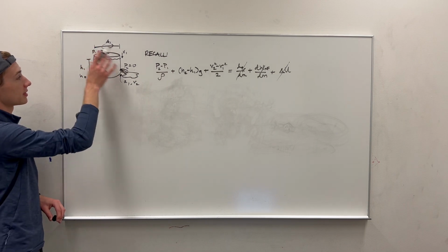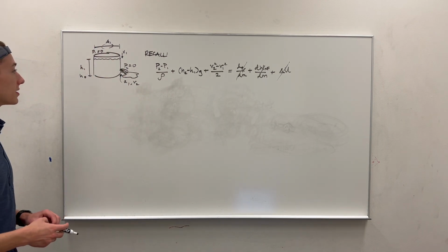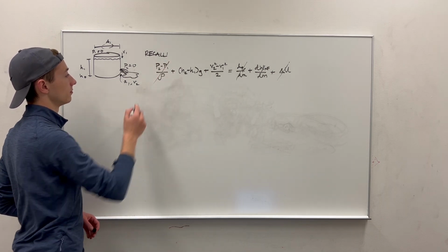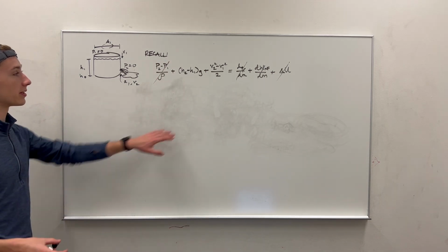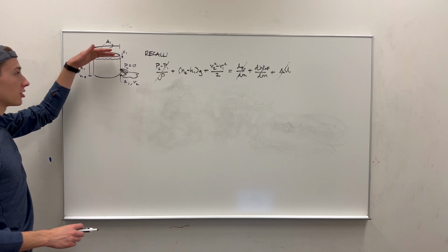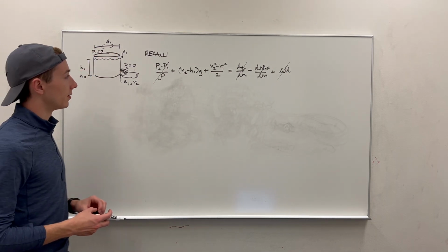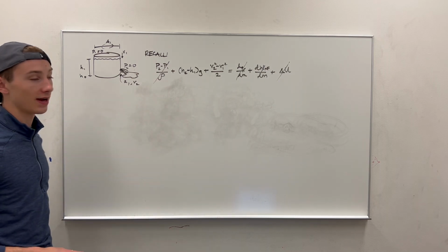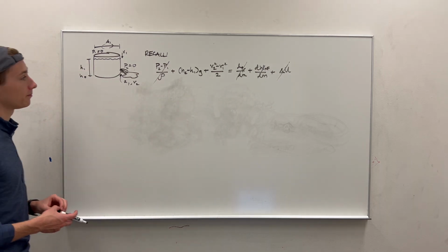Additionally, we said the pressure at the top and the pressure at the bottom are the same, meaning P2 minus P1 is going to be 0. Okay? And so what we're left with is these two terms. We obviously have a change in height of the fluid, and then we obviously have a change in velocity of the fluid. It's going to come out faster at the bottom than it moves down the top.